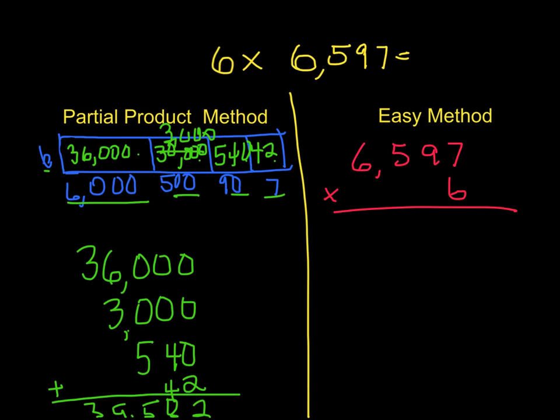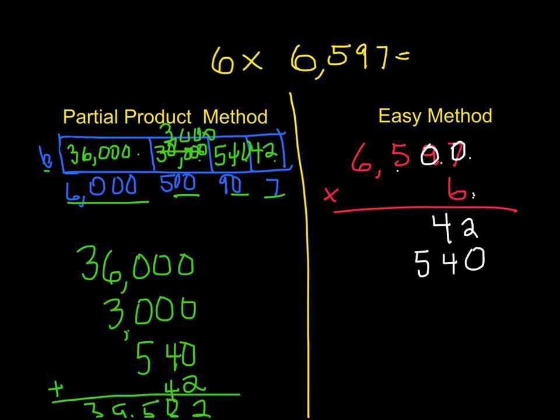Going to start with the 6 times 7, which is 42. 4 tens, 2 ones. 6 times 9, but it's not really 6 times 9, it's 6 times 90. So I know there will be 1 0 there. 6 times 9 is 54. There's my 540. Then 6 times 500.